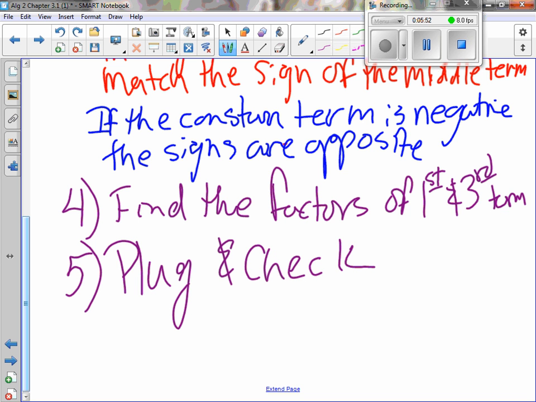So when we're factoring these quadratics, this ax squared plus bx plus c, these are our 5 main steps that we're going to be doing to solve these here. Let's write those steps down. You got them?